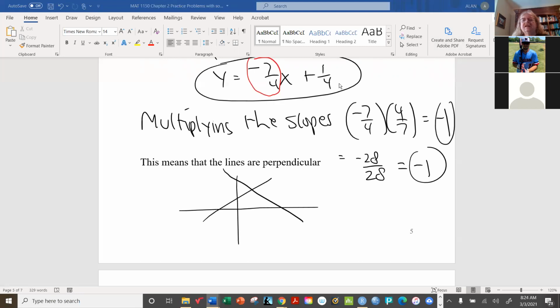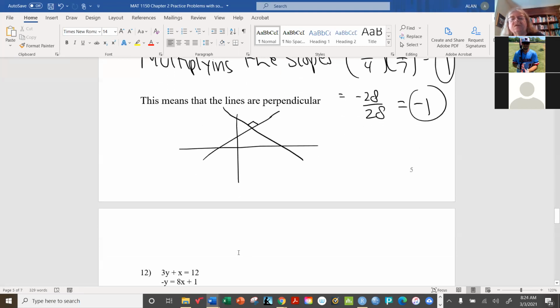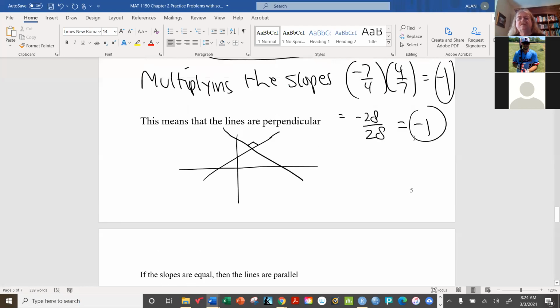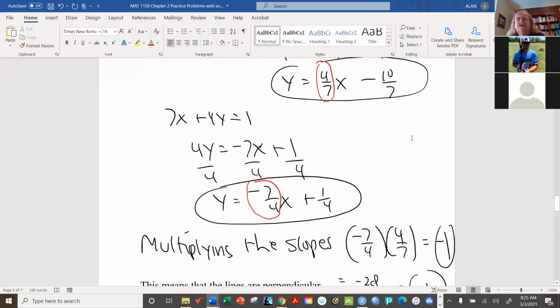Go ahead. So for each one of these, do we multiply the slopes together? No, you don't have to. If the slopes are equal, then the lines are parallel. So you don't have to do that. Could you tell they're perpendicular without doing that?